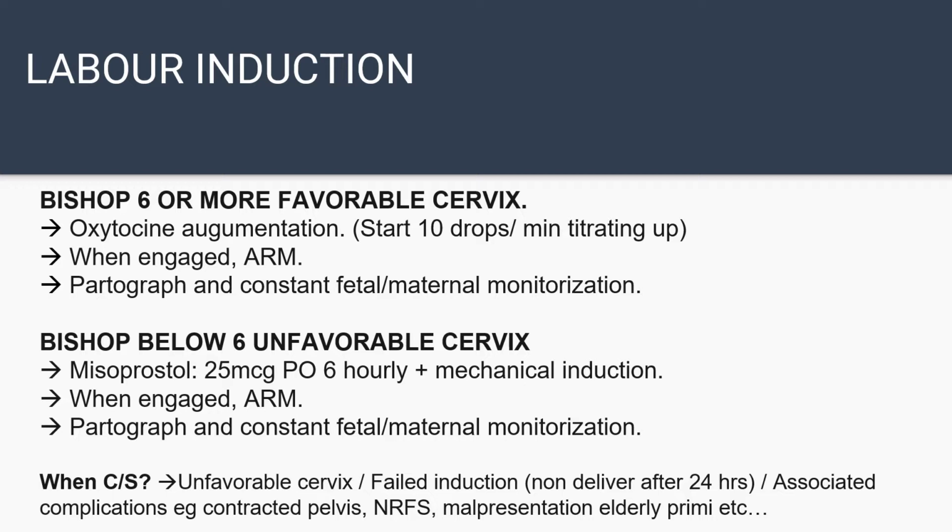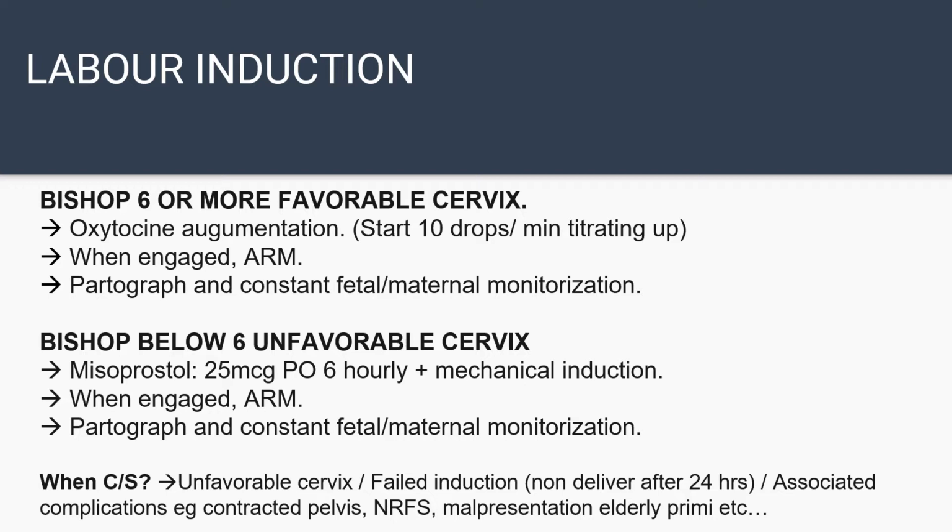When the baby is engaged, we can perform an artificial rupture of membranes. With that, we have a diagnostic tool because we can check if the fetus is suffering or not, checking if there is meconium-stained liquor or not. In addition to a diagnostic tool, it's also a therapeutic tool because we improve the labor, we progress the labor with the rupture of membranes, we coordinate the uterine dynamic and all of that.